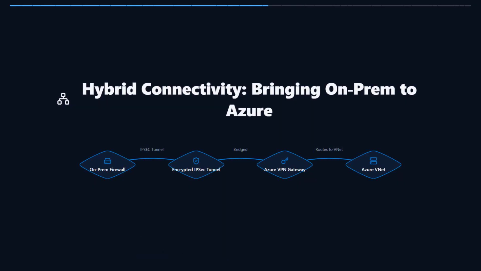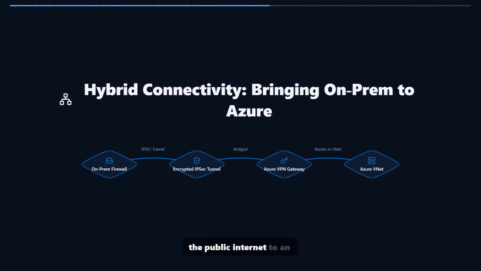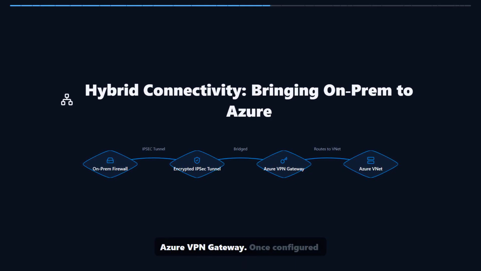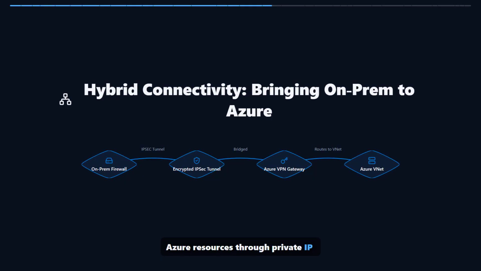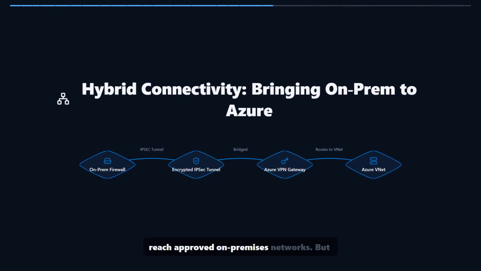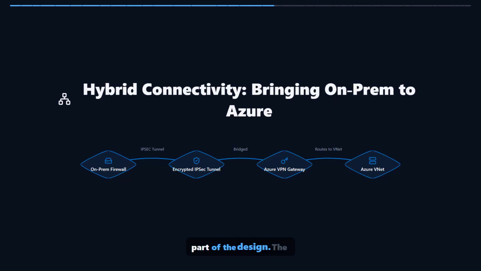An on-premises firewall or VPN device establishes an encrypted IPsec tunnel across the public internet to an Azure VPN gateway. Once configured correctly, on-premises systems can reach Azure resources through private IP addresses, and Azure resources can reach approved on-premises networks. But the tunnel is only one part of the design.